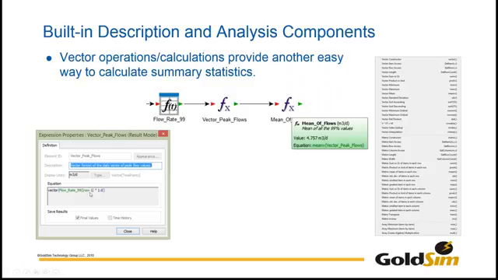And so what this is doing is just saying, okay, each day take the value from the flow rate 99 time series and put that in this vector. Of course, day 0 would be vector index 1, day 1 would be vector index 2, and so forth.